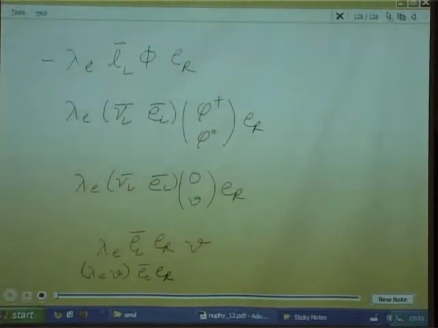So it's actually minus lambda E. This gives me that the electron now has a mass given by lambda E times V. So coupling constant times vacuum expectation value. Okay. So the same process that gave masses to gauge bosons also gave mass to the electron.